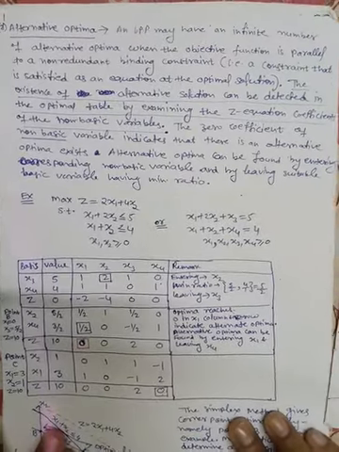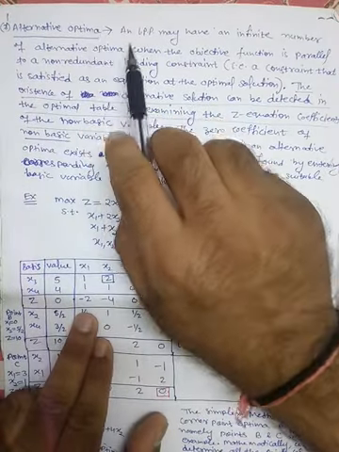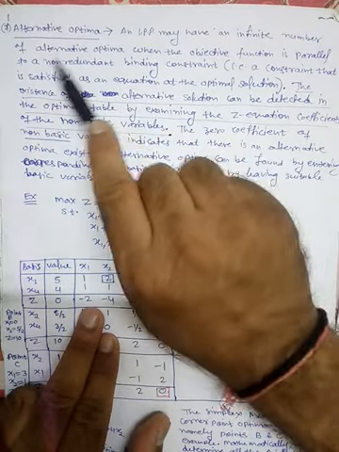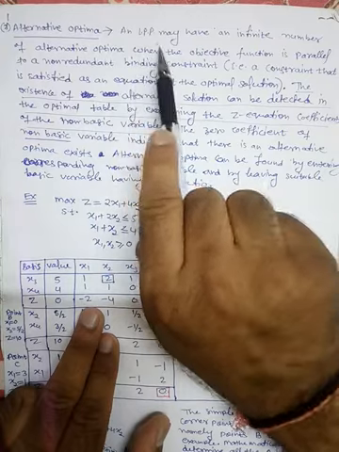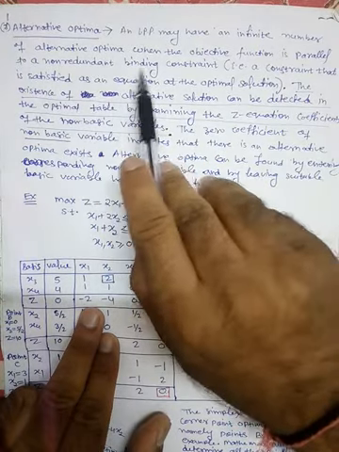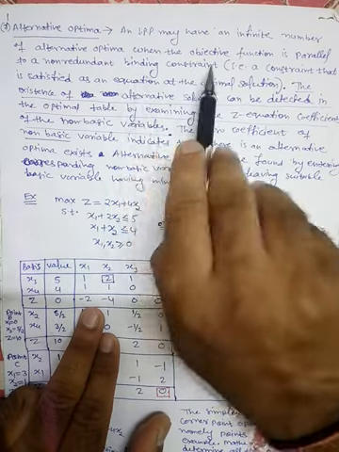Now the next, alternate optima. An LPP may have an infinite number of alternative optima when the objective function is parallel to a non-redundant binding constraint. We know what is binding and what is non-binding.